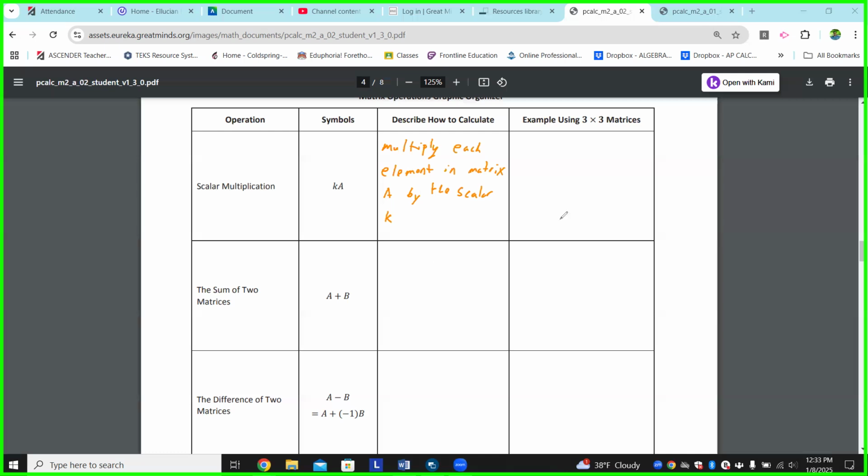We've seen 10 times B, 2 times B, 4 times B, whatever that k is. So for example, you could have something like this: 2 times 1, 1, 2, 2, 2, 4, 3, 0, 0. Go ahead and tell me what that matrix would be. Don't say it out loud, but write it down in your notes to give yourself an example.